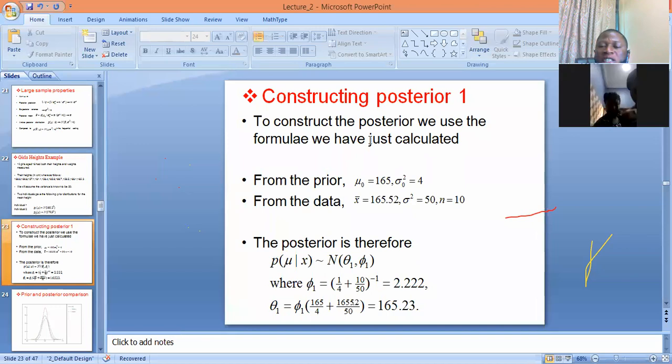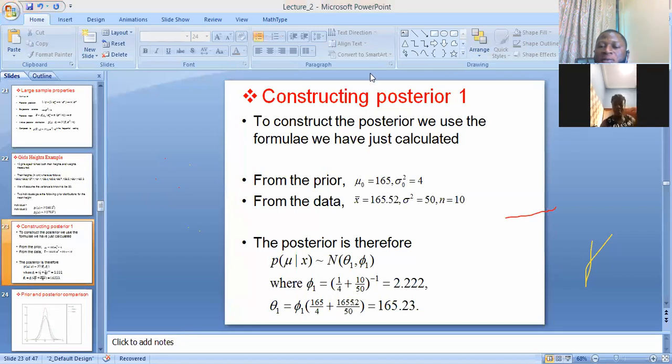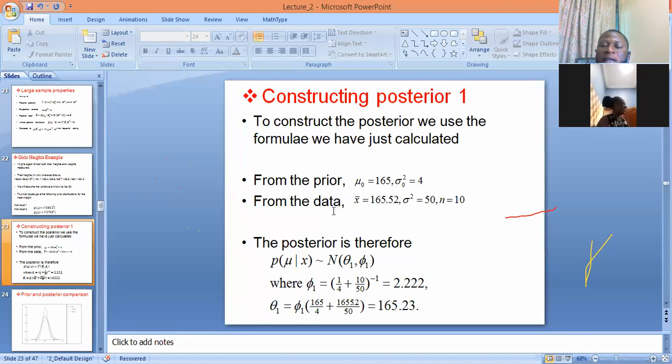From the information that has been given, let's consider the first person. With the first person, the prior mean, mean naught, is equal to 165. The variance of the prior is 4. The data mean, you can just compute, you will get 165.52. Then the variance from the population is this one, and the number of data points is 10.